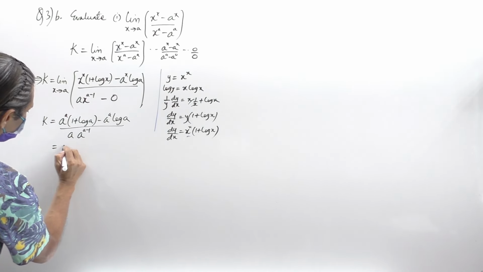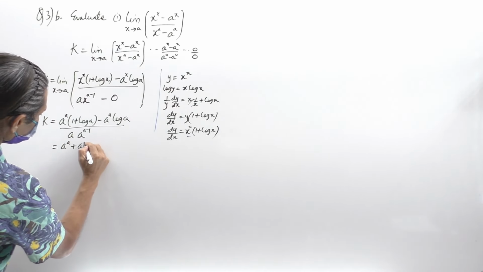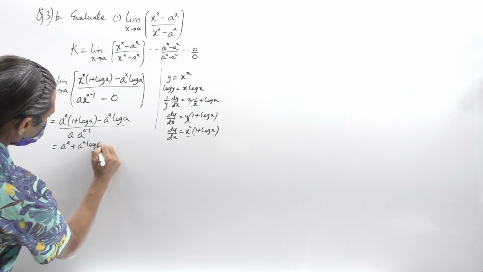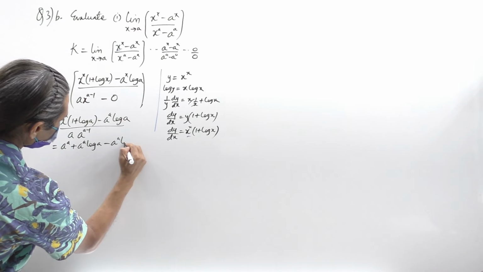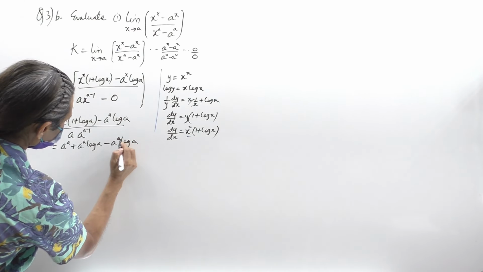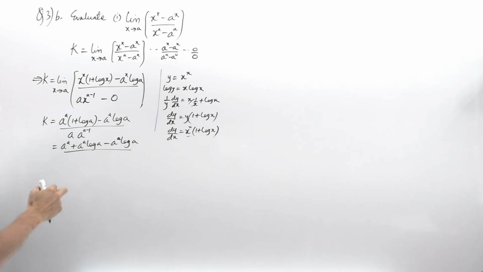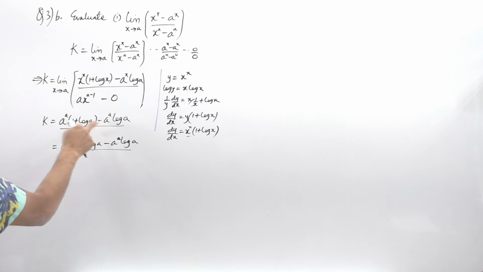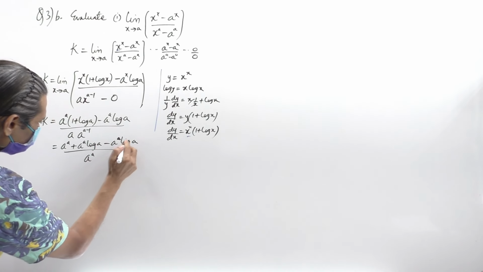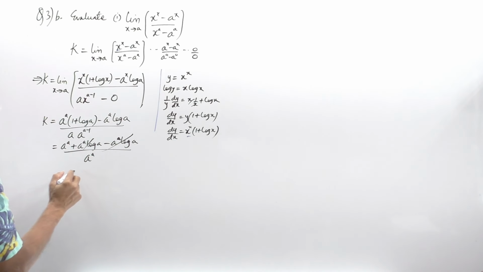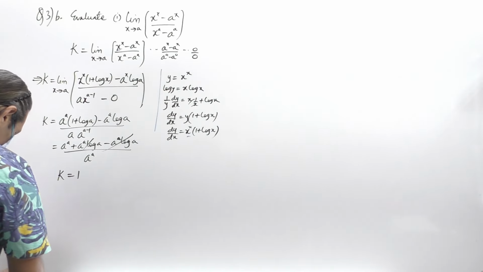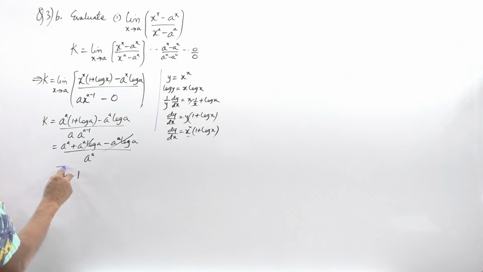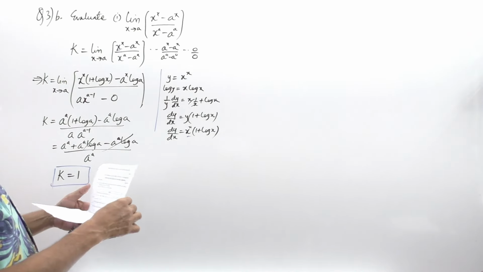That will be a raised to a plus a raised to a log a minus a raised to a log a, whole divided by, now a into a raised to a minus 1 will be a raised to a, so this cancels, a raised to a is 1. So the value of k is equal to 1 here. That's it. So the solution for this question is 1. Okay, so let's move to the second question now.